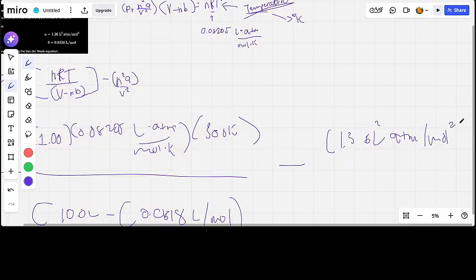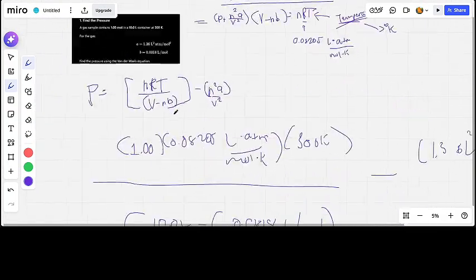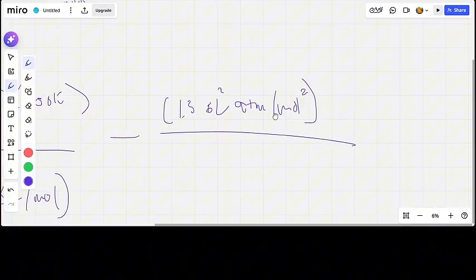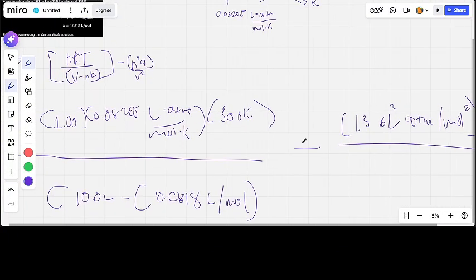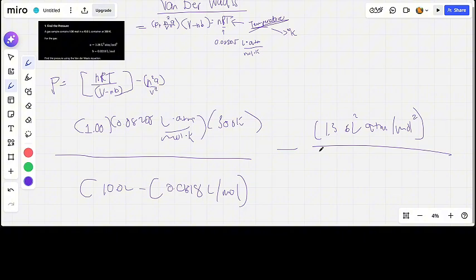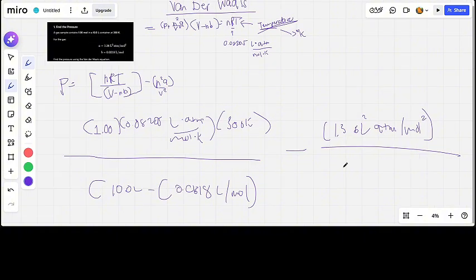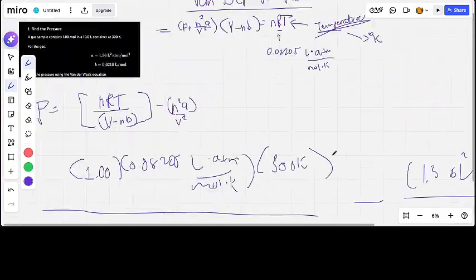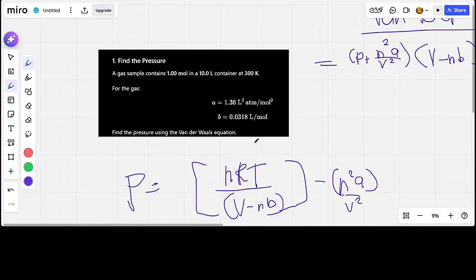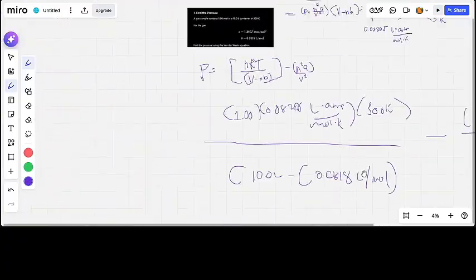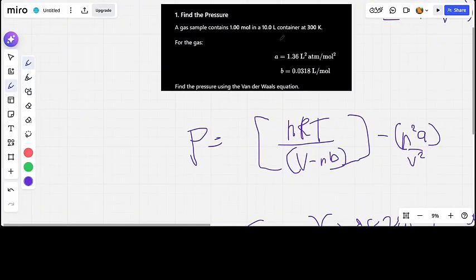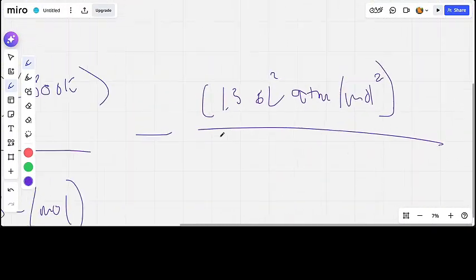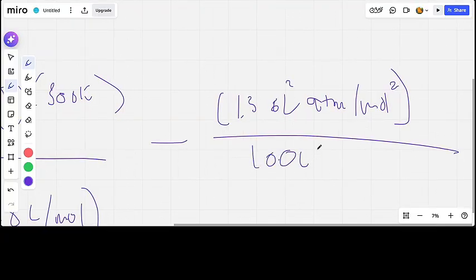So we're trying to find the pressure, so obviously what's going to come out is atmosphere, which is the standard pressure. For the van der Waals term, we have V squared. What is V squared? It's going to be 10.0 L squared.